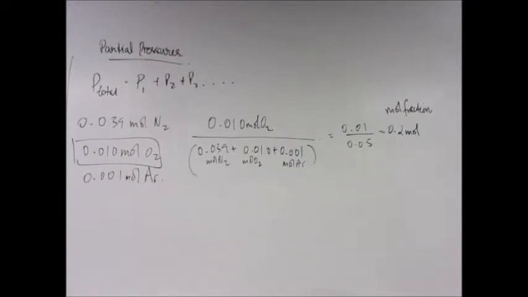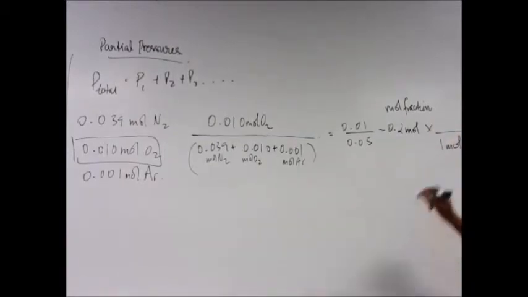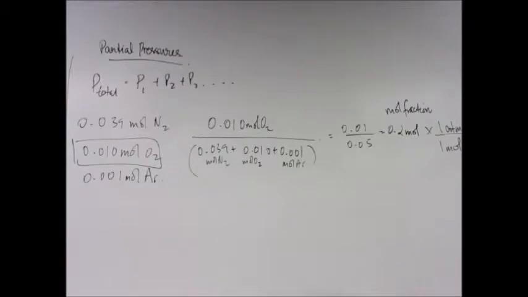So what's the pressure at STP? 1 atmosphere, and that's why I was asking you, because the conditions here are stated as 1 atmosphere. So the next thing is to convert this into atmosphere. So 1 mole of gas at STP has 1 atmospheric pressure, which means that it's 0.2 atmospheres.